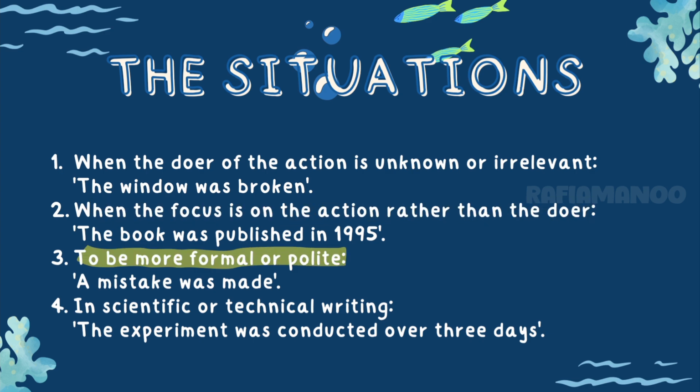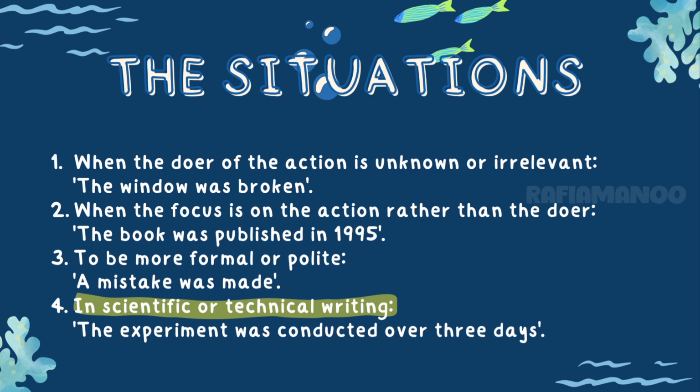To be more formal or polite. The example is: A mistake was made, instead of: You made a mistake. Number 4. In scientific or technical writing. The example is: The experiment was conducted over 3 days.